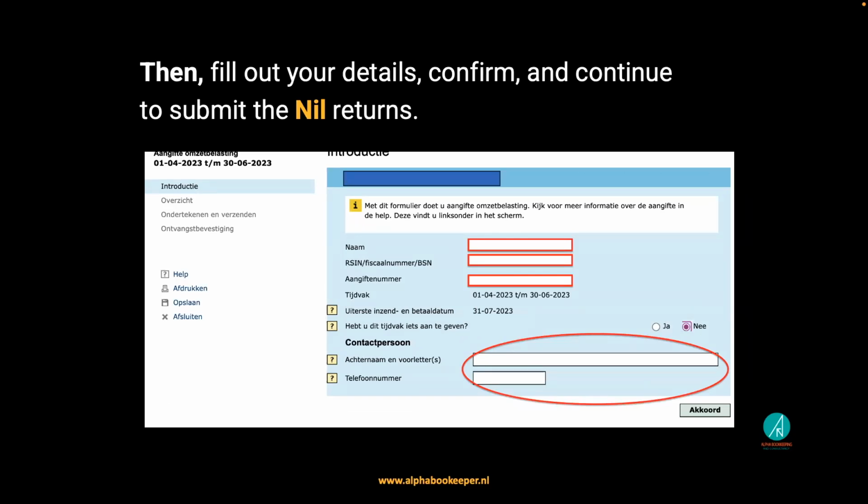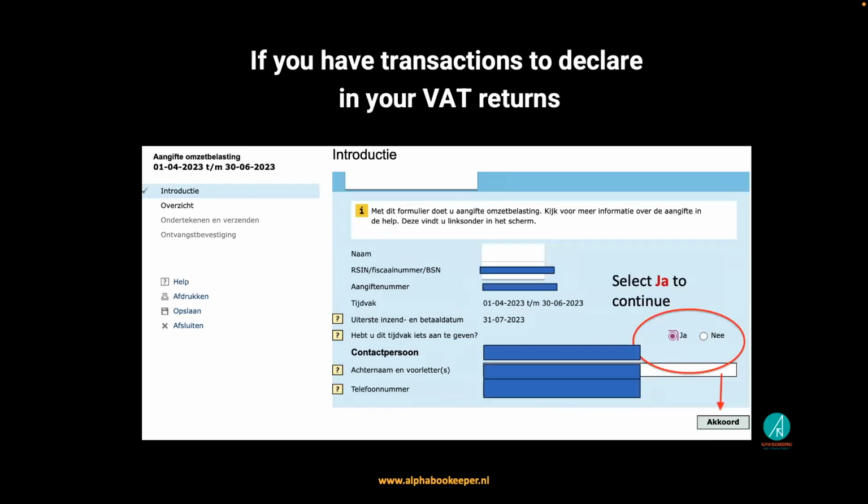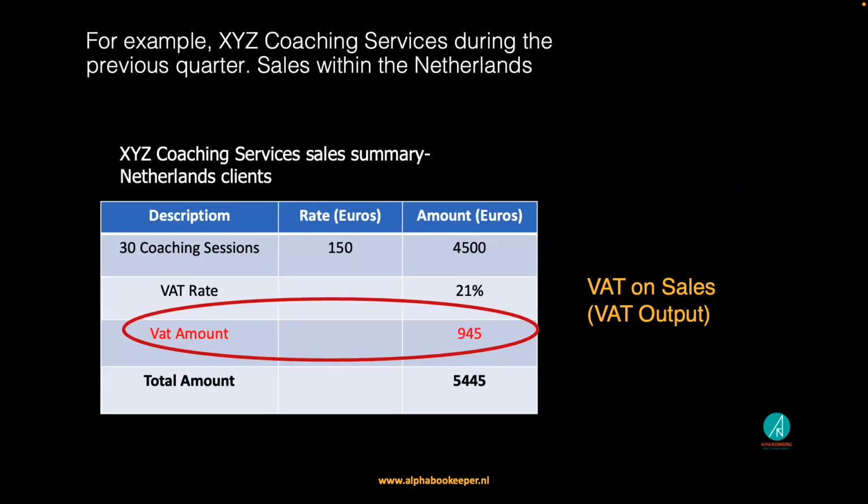But for the purpose of this lesson, we have something to declare. So we are going to select yes, and then we go to verder. Now I have an example for XYZ coaching services. And during the previous quarter, there was a sales of 30 coaching sessions at the rate of 150 euros.